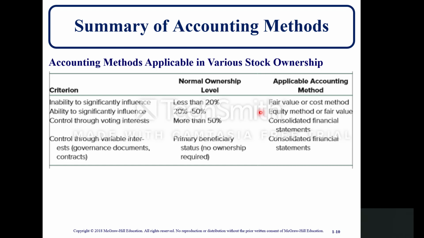You choose between the equity method or the fair value method. Control through voting interest, more than 50%. Consolidated financial statements. Control through variable interest, governance documents, and contracts. Primary beneficiary status, no ownership required. And again, consolidated financial statements. So this is a good roadmap to use.